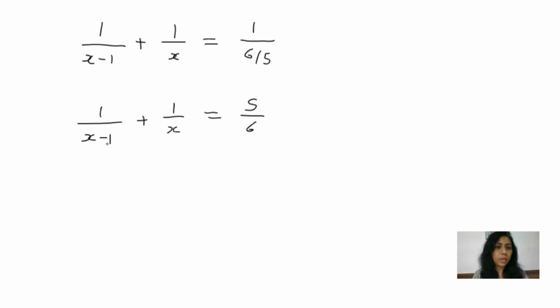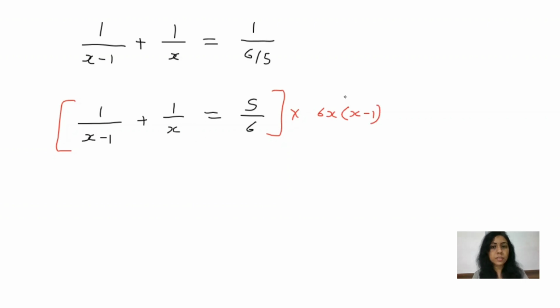The denominators are x minus 1, x and 6, so the least common denominator is 6x times x minus 1. So we multiply the whole equation by 6x times x minus 1, because we don't want a denominator.